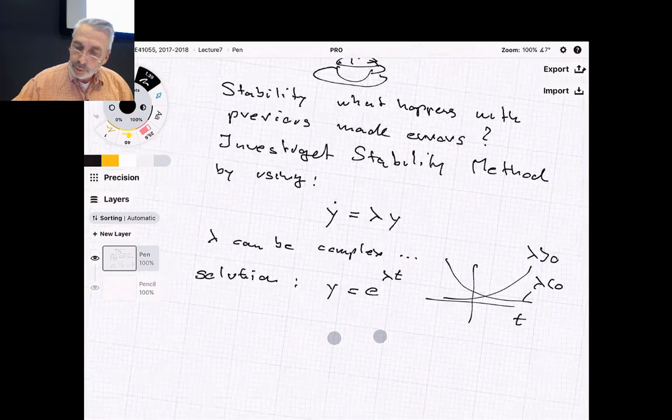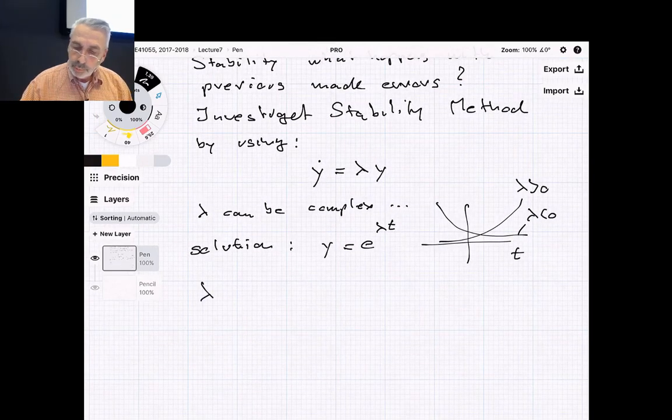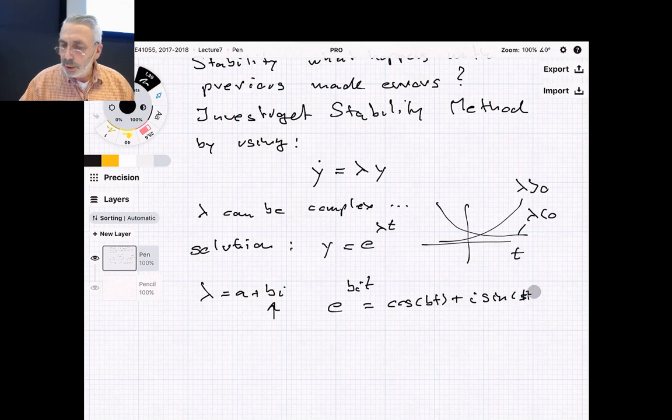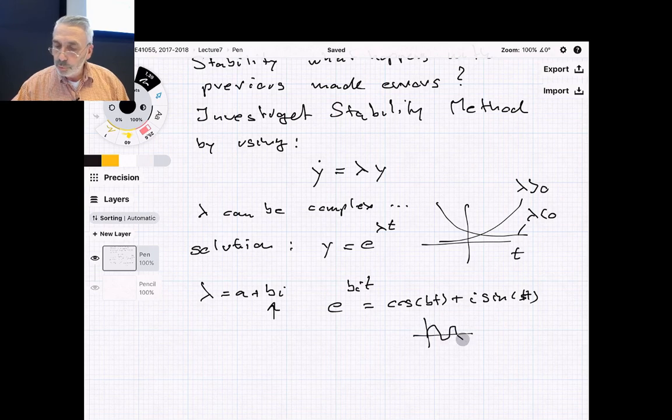If lambda is something like a plus bi, then you get e to the power bit, and according to Euler, that is cosine bt plus i sine bt. Anyway, the point I want to make is that you get oscillatory solutions.